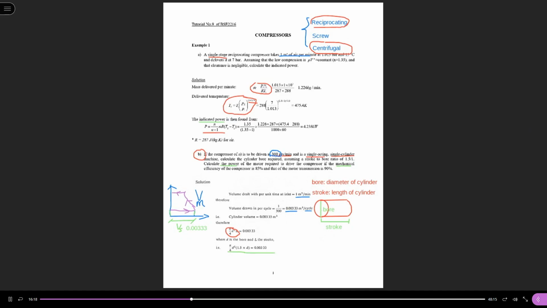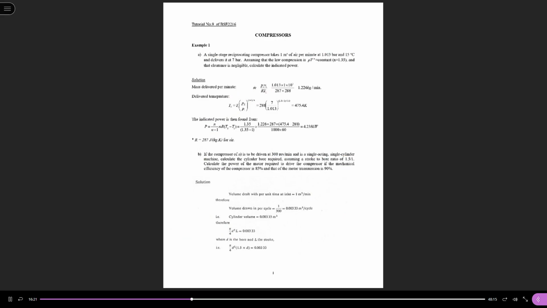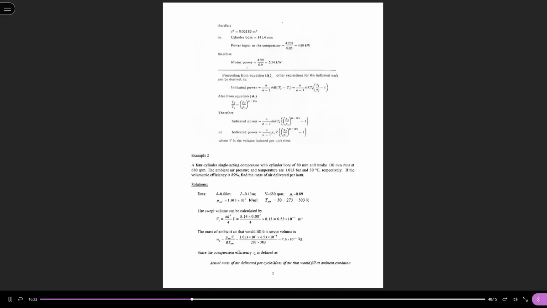Okay, we can calculate the bore. And then, for the work, we consider the mechanical work and electrical work.